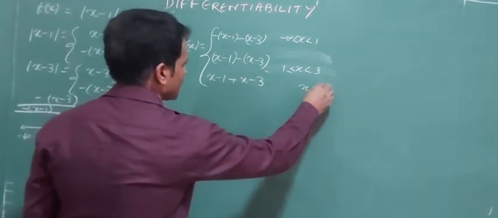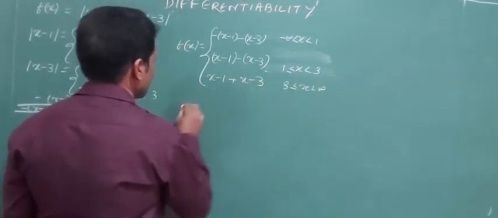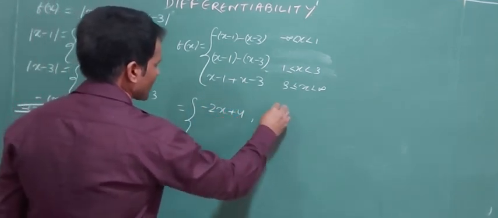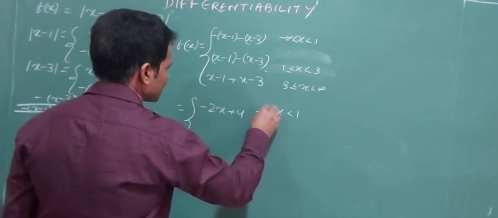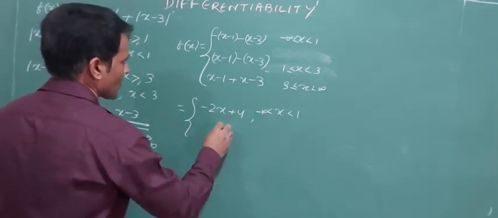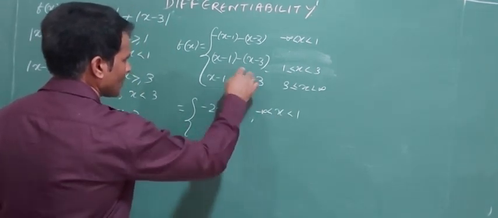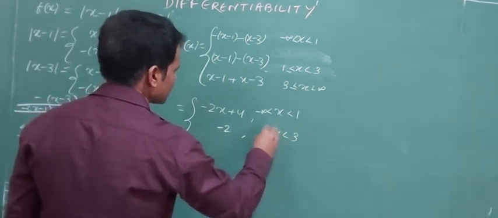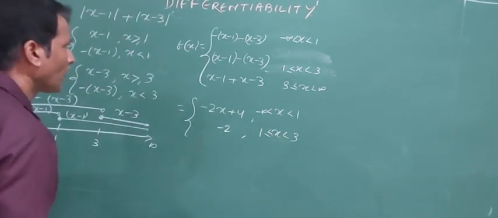x is less than infinity, greater than or equal to 3. Now the function is made. Minus 2x plus 4, x is less than 1, greater than minus infinity. 2, x is less than 3, greater than or equal to 1. Alright?